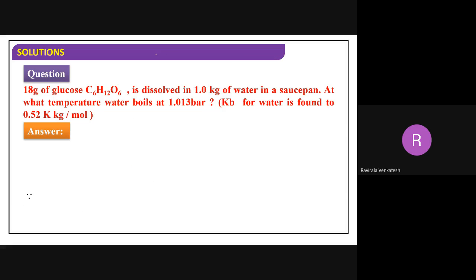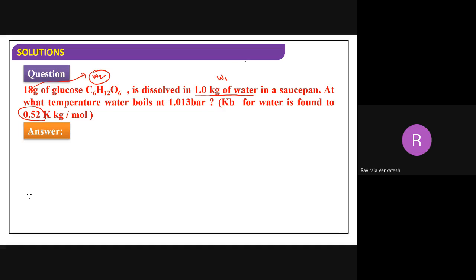Now let me take a problem. Here the weight of the solute, glucose, W2, is given, and the weight of the solvent, water, is given. Water boils at 1.013 bar, and Kb is given as 0.52.